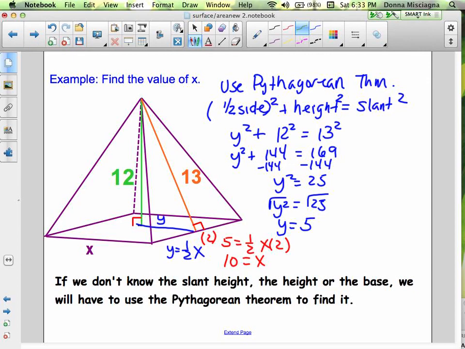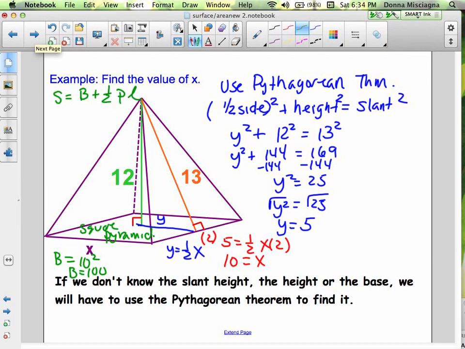So we'll have a number of formulas. Surface area is our base area plus 1/2 the perimeter times the slant. Our base area, this is a square. Okay, so this is a square pyramid. Our base area is going to be 10 squared, or 100 units squared.